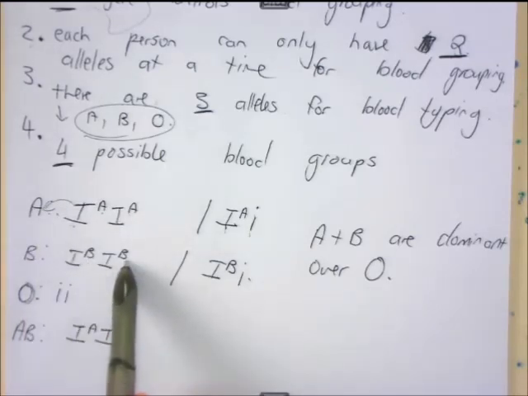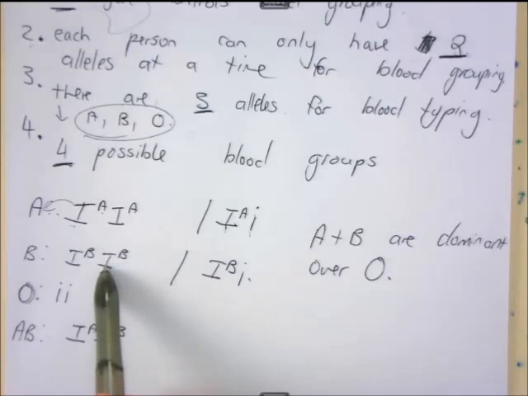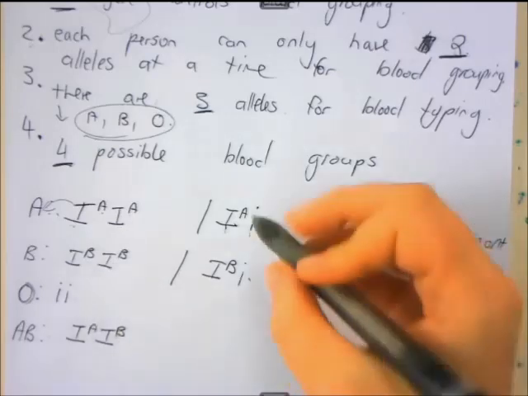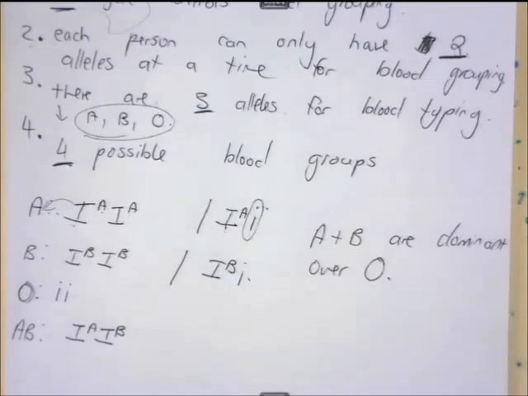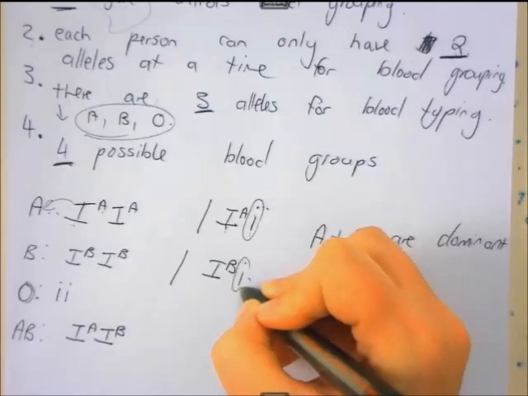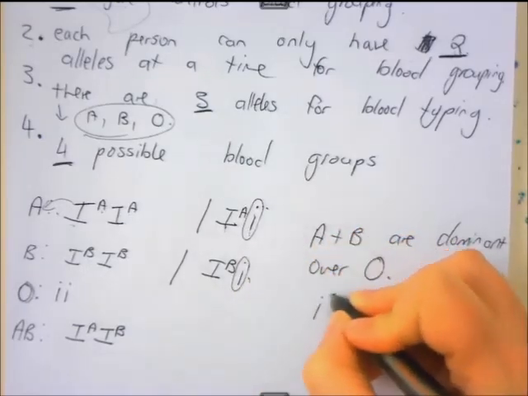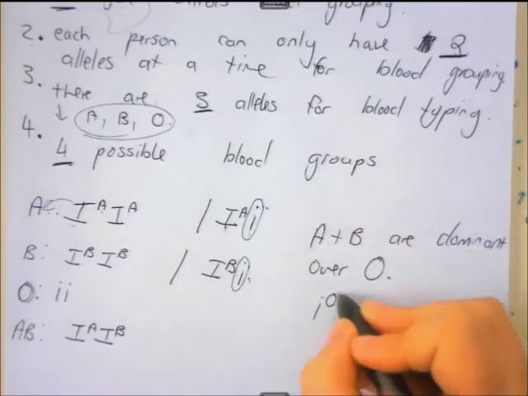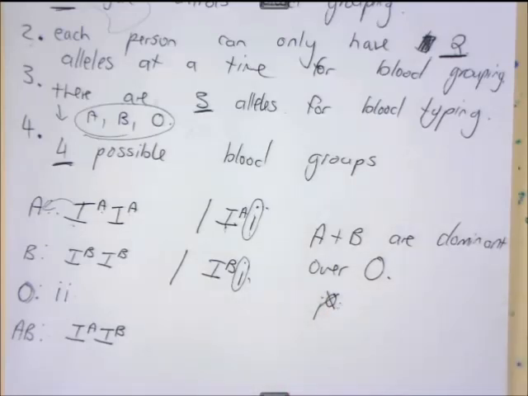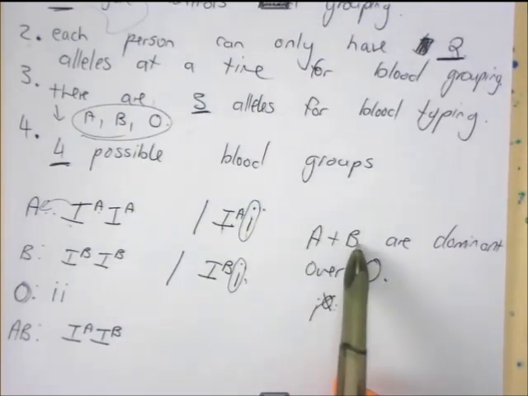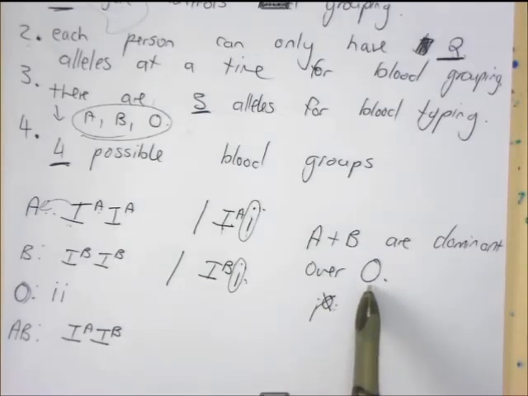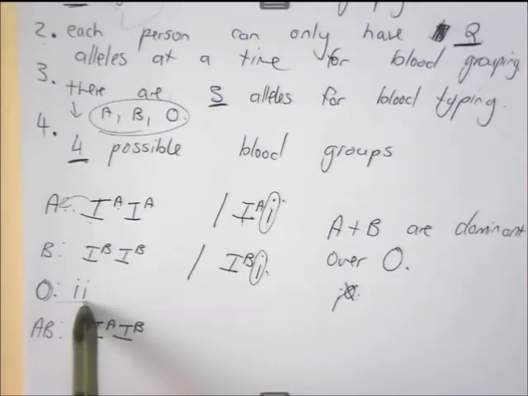Here you have two dominant genes, and remember, dominant genes are always written with a capital letter, and that is the reason why a lowercase letter, which in this case will code for the O allele, is going to be written in lowercase. You do not have to do that. Okay, it is not necessary to write the O, because we know that A and B are dominant over O, so that can only be written with a lowercase letter. So blood group O can only be found if both recessive genes are coded for together.